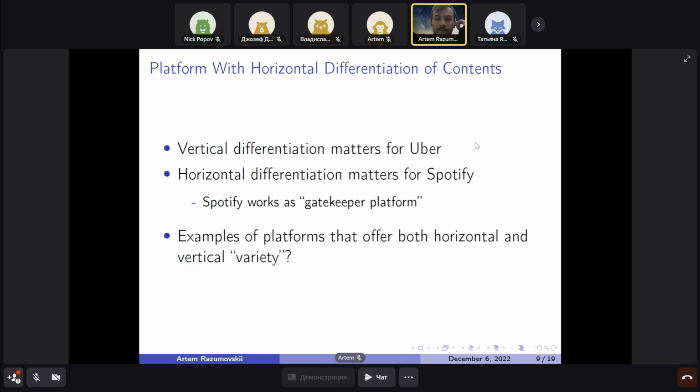Some ideas? Maybe some kind of grocery delivery? So what is vertical and what is horizontal? Well, the vertical would be the quality of the groceries, and the horizontal would be the variety of them.